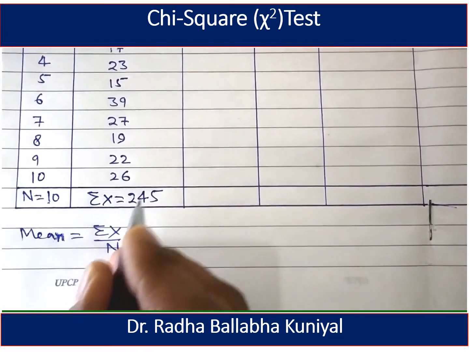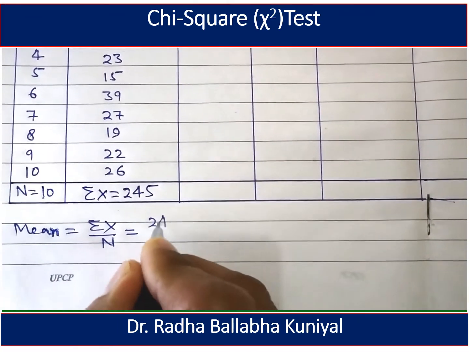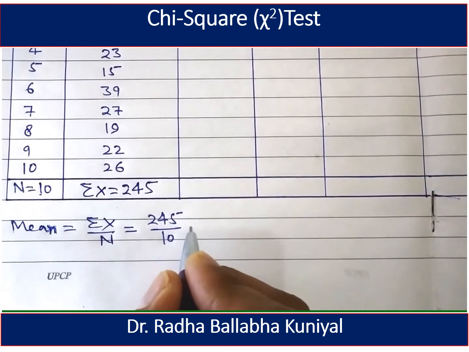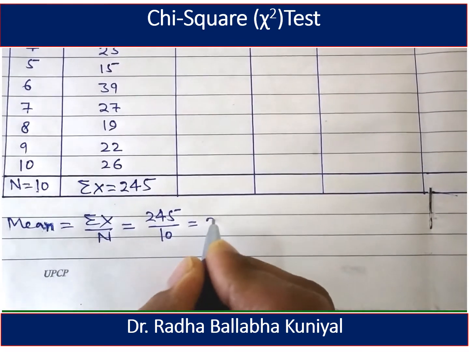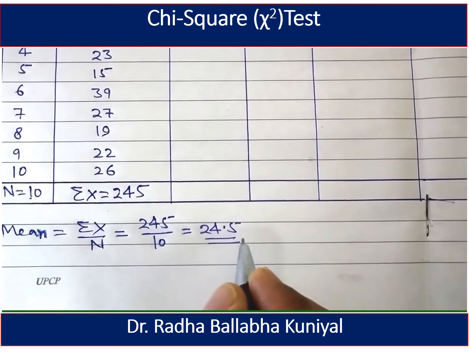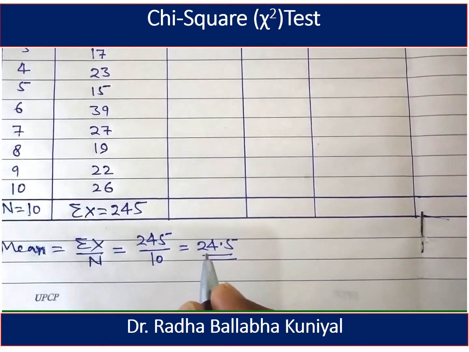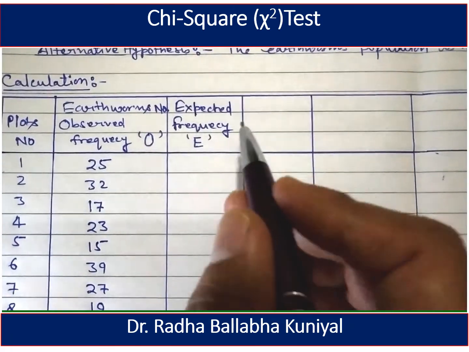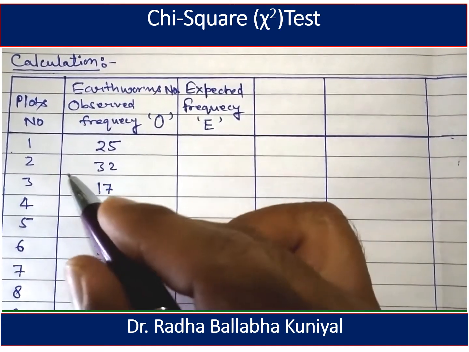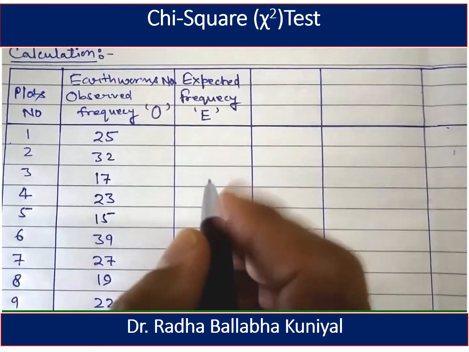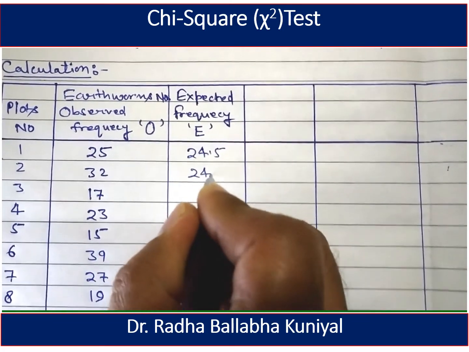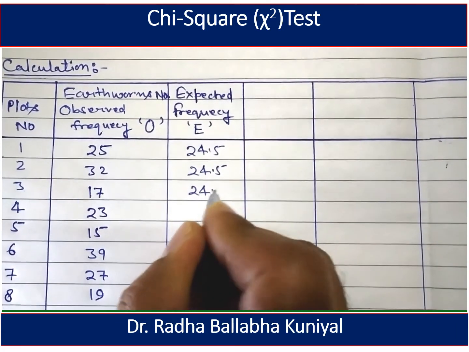Now here sigma x equal to 245 and n equal to 10. And by solving this we will get 24.5. So here the mean value is 24.5. Now we'll write this value into the column expected frequency against each plot, 24.5, 24.5, 24.5 and so on.